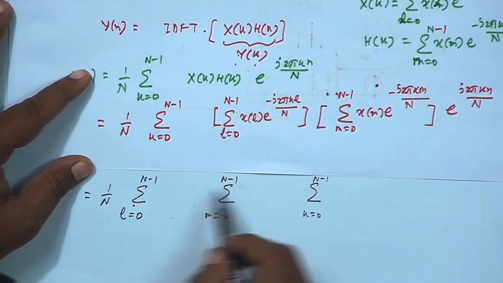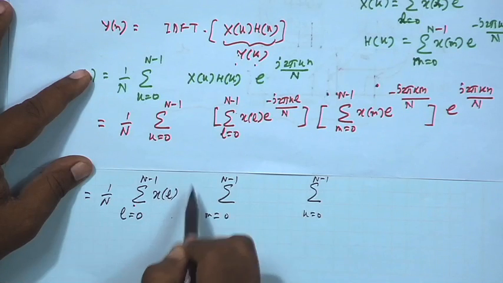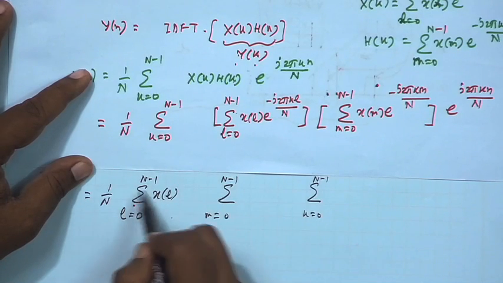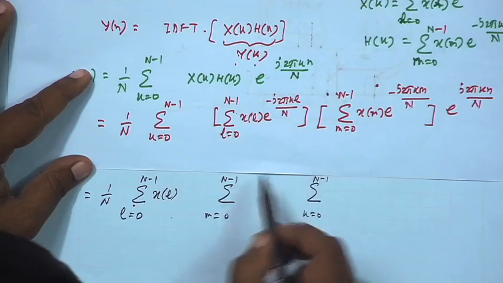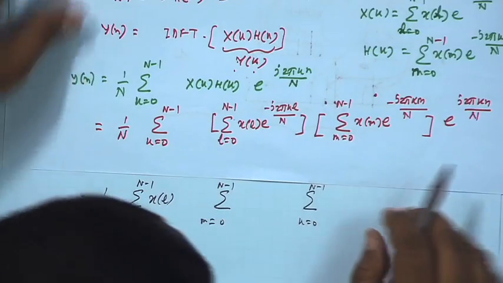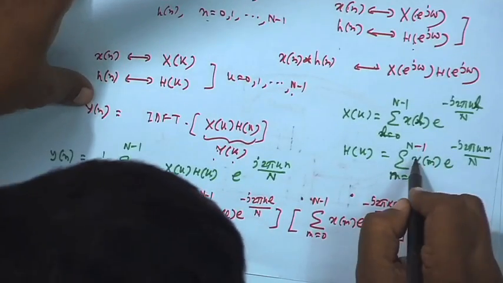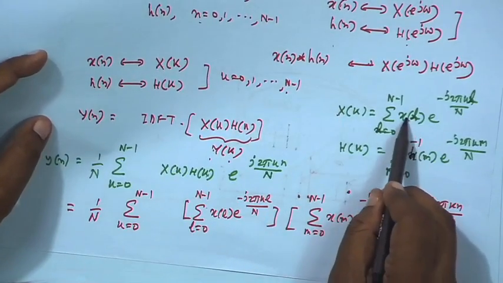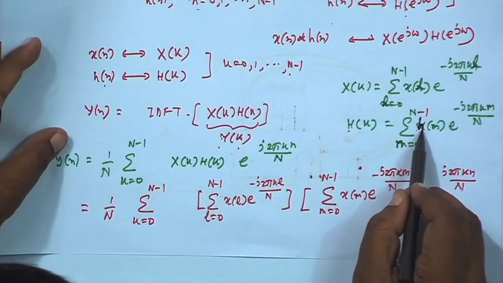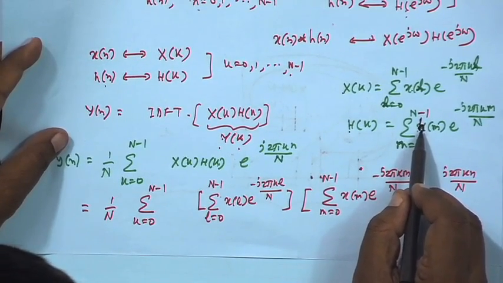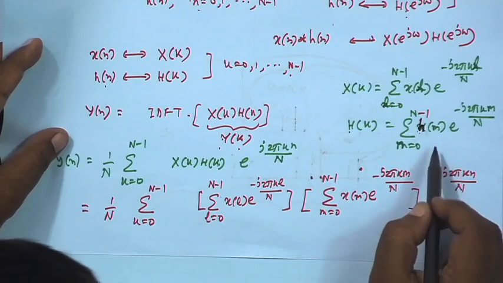X L will come out as common in the summation over k, because it depends on L. X m, sorry, this is not x, this is h. I made this mistake. Capital X k came from x, capital H k should come from h, since there are two sequences. I am very sorry. Okay, it is h.